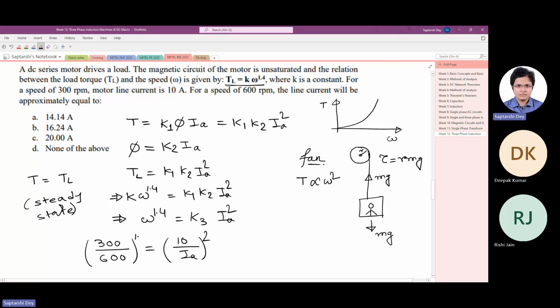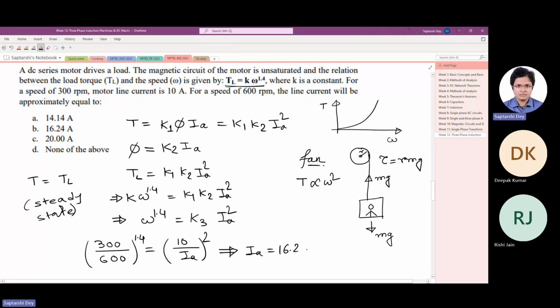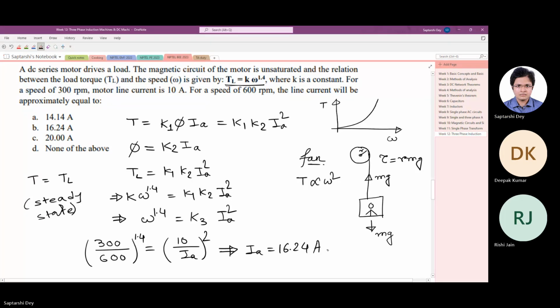To the power 1.4. So basically you have to solve this, and what you will get is Ia equals 16.24 ampere. Nothing much. Is it clear? Okay, we'll go to the next question then.